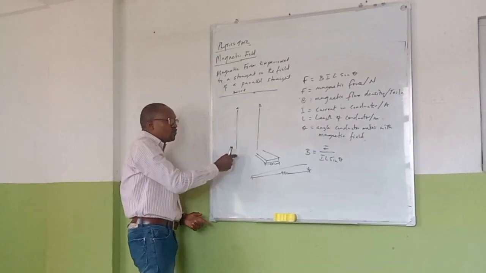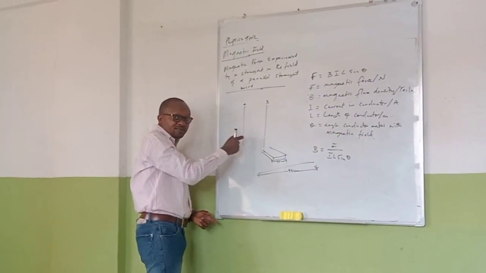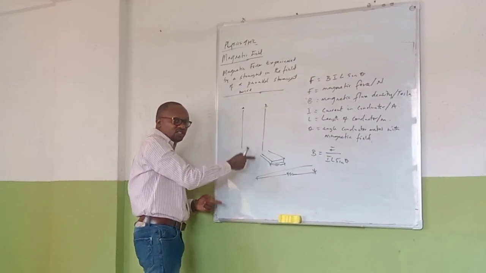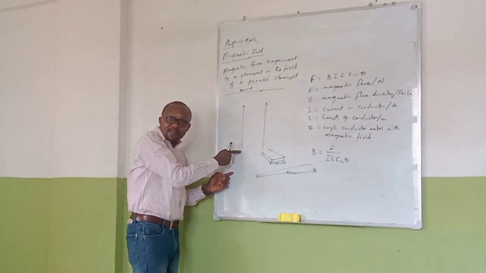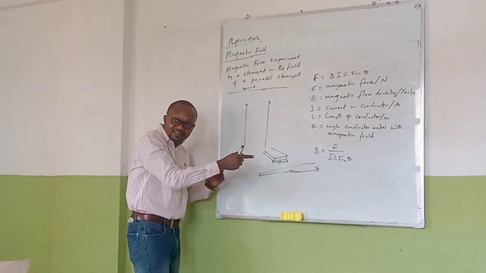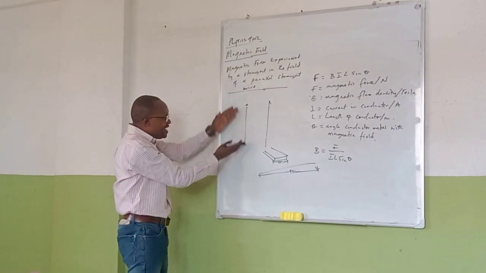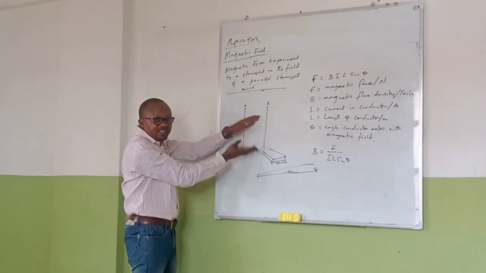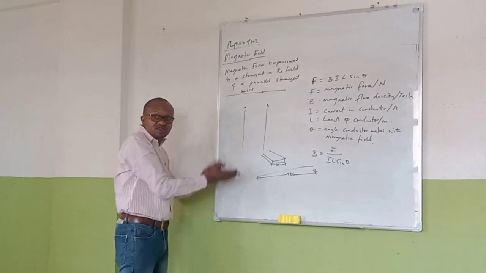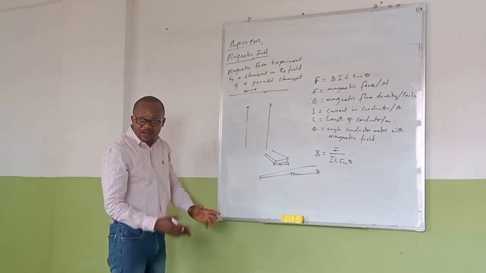So if you have this straight wire in the field of this straight wire, it experiences a magnetic force. This also experiences a magnetic force in the field of this wire. The magnetic force experienced per unit length is equal and opposite, because the length of this one interacting with the field of this is also the length of this interacting with the field of this. Do you understand what I'm saying?